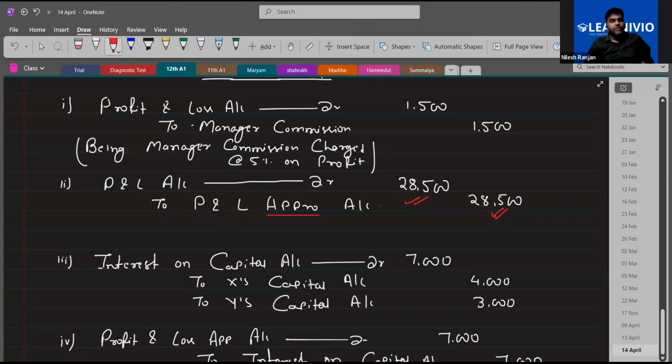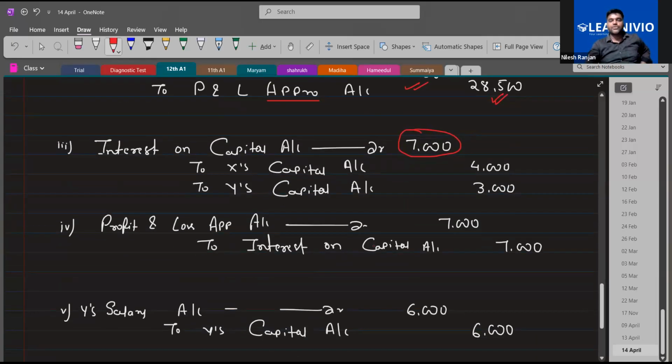Now after that, we have calculated interest on capital. So interest on capital amount for X is 4,000. For Y, it is 3,000. So total amount is 7,000. This is the first entry for interest on capital. After this, we have to close interest on capital account. So that's why here on the credit side, interest on capital is written with the same amount, 7,000.